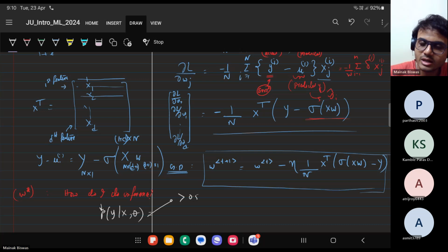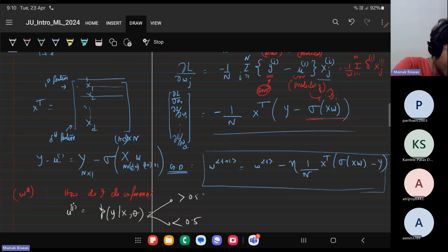It's not 1 or 0. It's not one hot encoded. If you want this as the notation, very good. Go ahead.